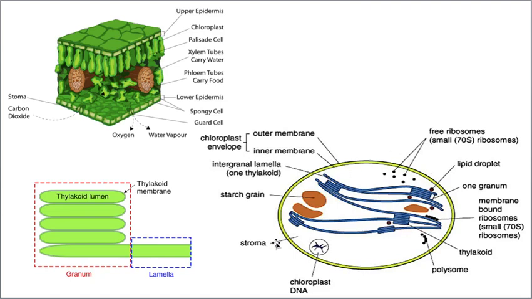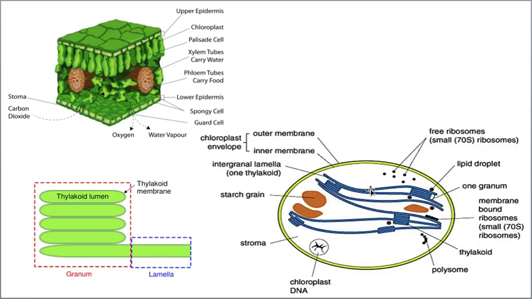Point number 3. Floating in this fluid part called stroma, you can be able to see these thylakoids. And these thylakoids are always present in stalks. And this stalk of the thylakoids, it is called as a grana. Now, these granas are interconnected by these sac-like structures. These are called as stroma lamella.